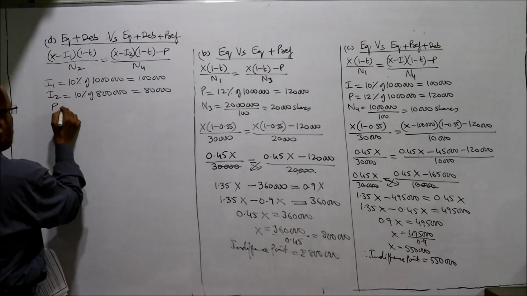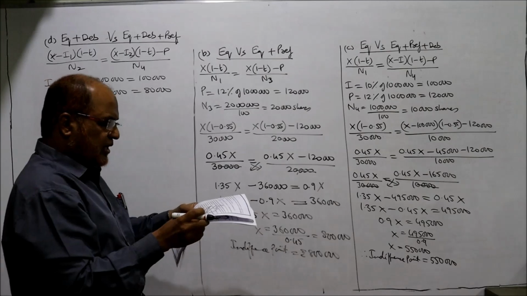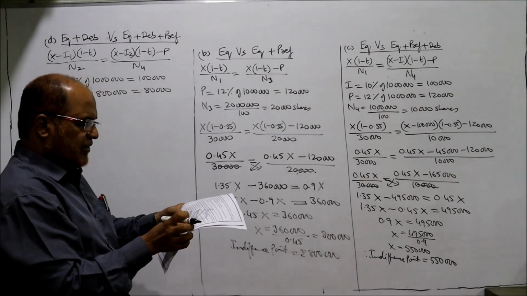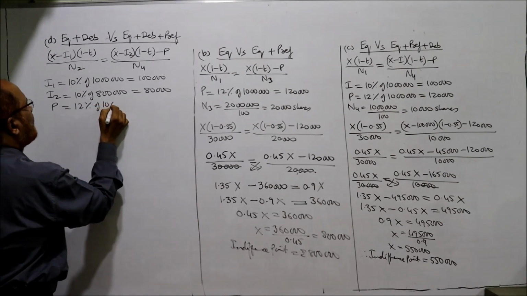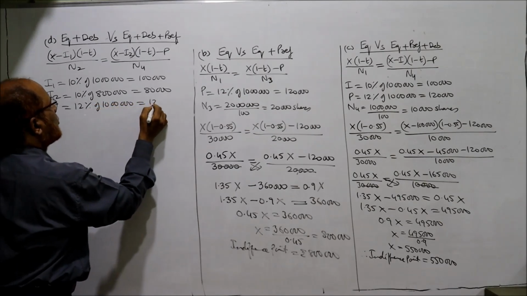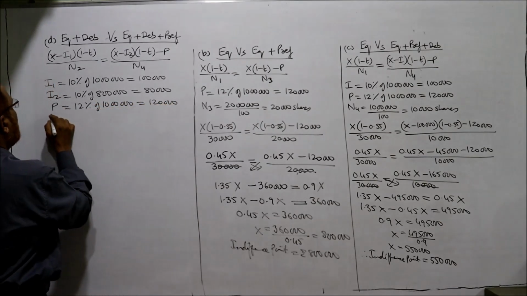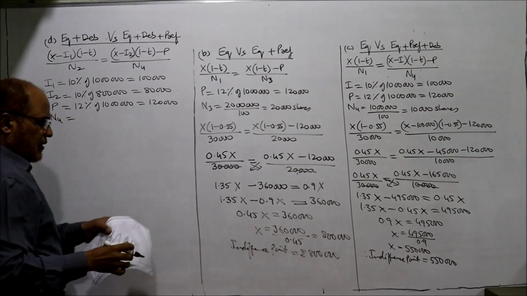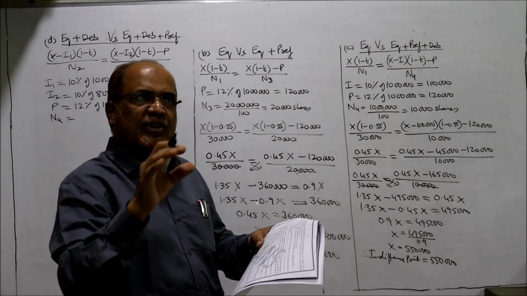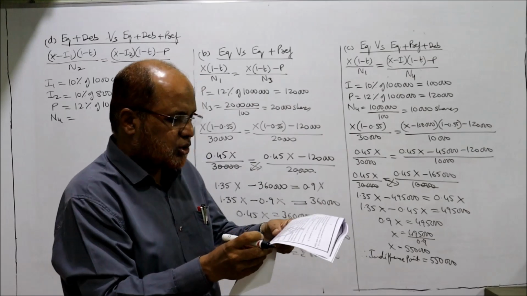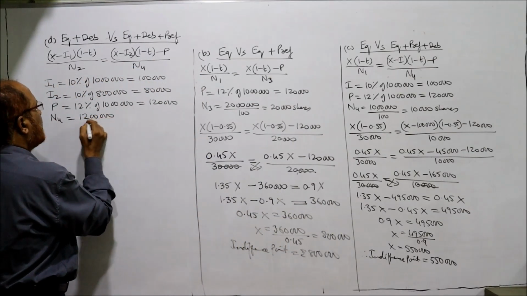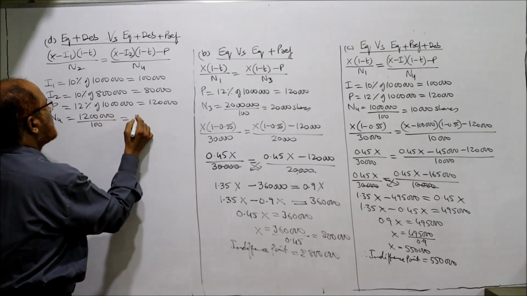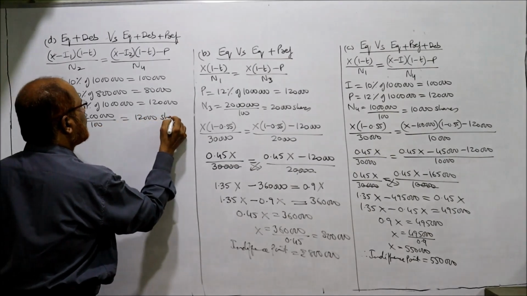P is equal to preference dividend: 12% preference share capital of 10 lakh, 12% of 10 lakh is 1,20,000. N4, the number of equity shares when equity, preference and debentures are all issued, is 12 lakh divided by 100, so you will get 12,000 shares.